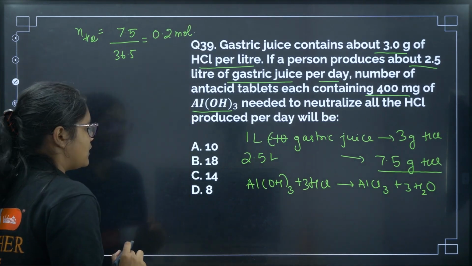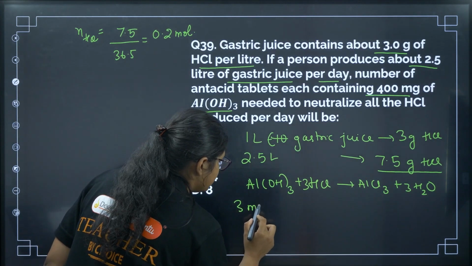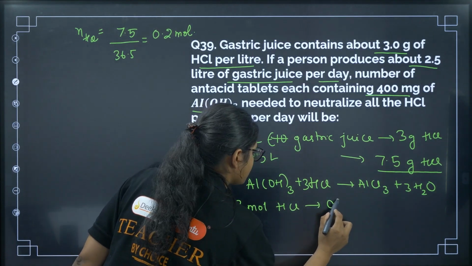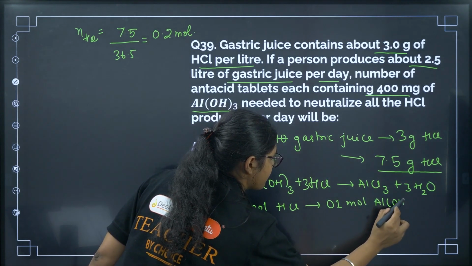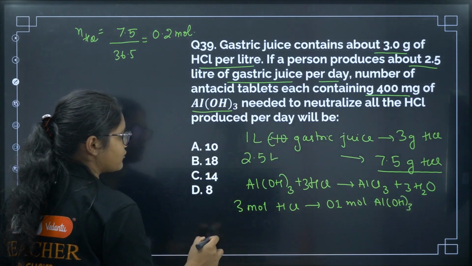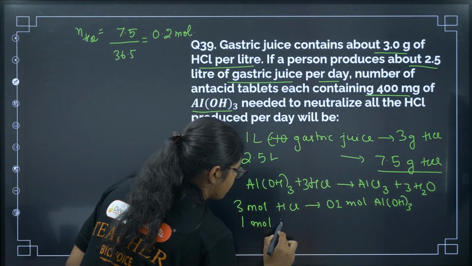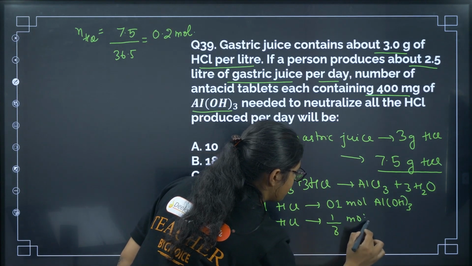Right. Now, if you see in the question that 3 moles of HCl reacts with 1 mole of aluminum hydroxide. Right. Now, if I solve this one for 0.2, so 1 mole of HCl will react with 1 by 3 moles of aluminum hydroxide.